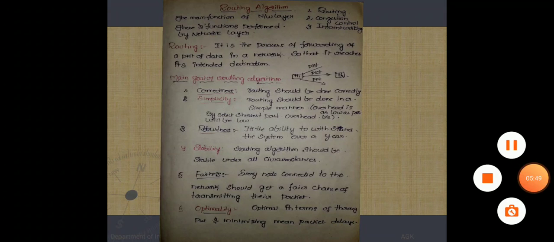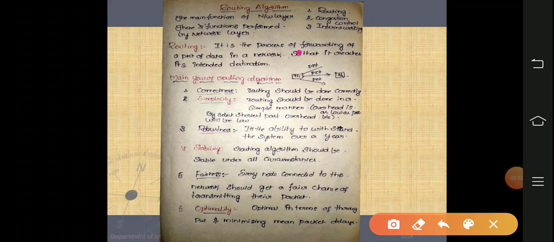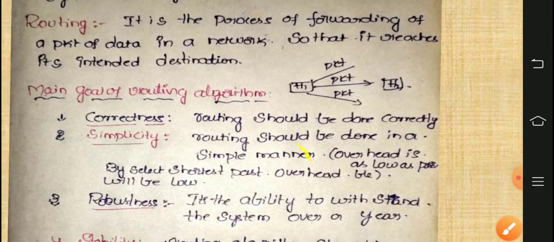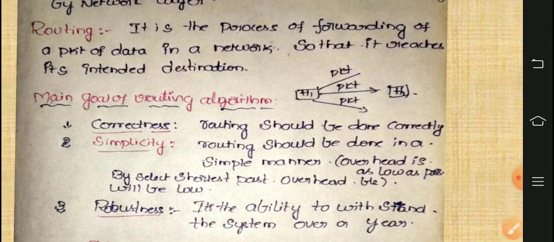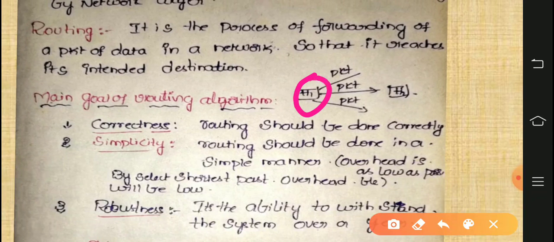Here you can notice that h1 is the host source machine, and h2 is the destination machine.